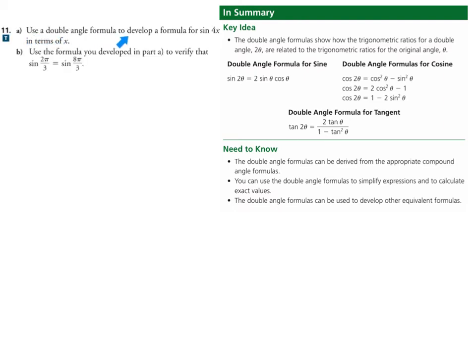Use a double angle formula to develop a formula for sine of 4x in terms of x. Alright, so let's start off with sine of 4x.